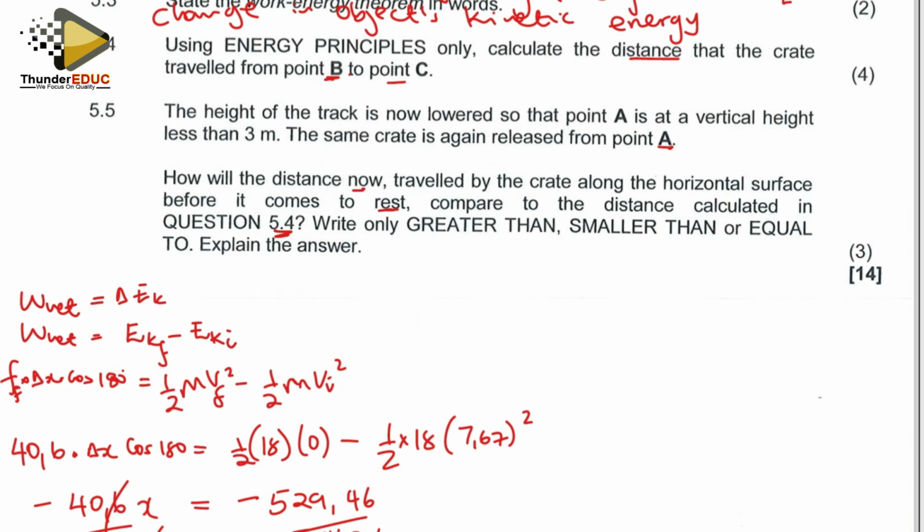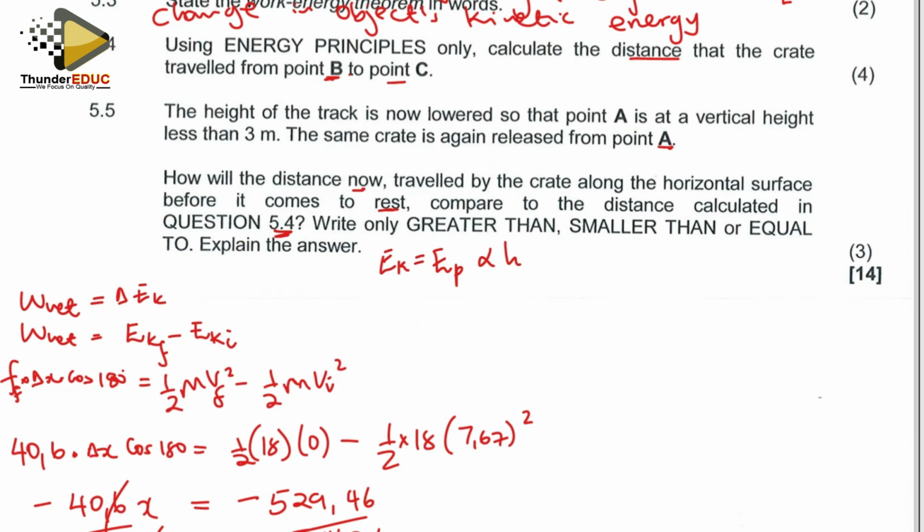Now we know that the energy that we are dealing with is dependent, okay, so EP is directly proportional to the height. If you increase the height, you increase the energy. Likewise, since the EP was the same as the EK, increasing the height will increase the EK.